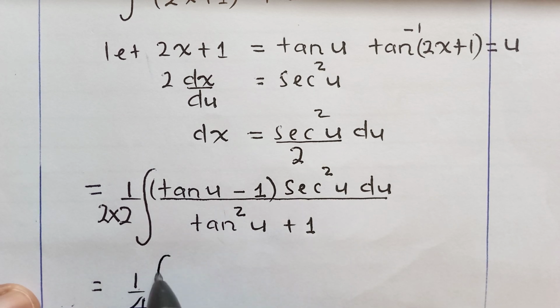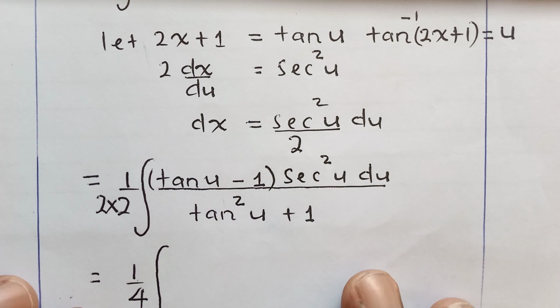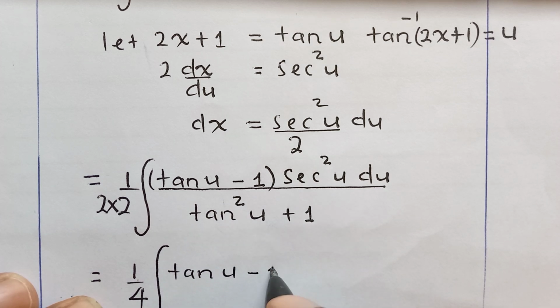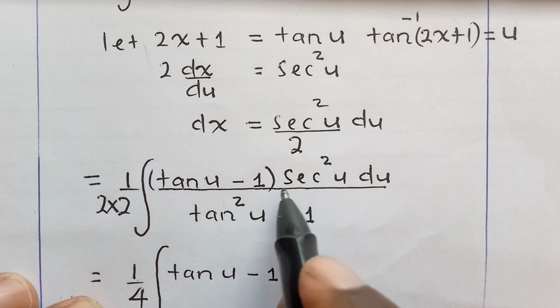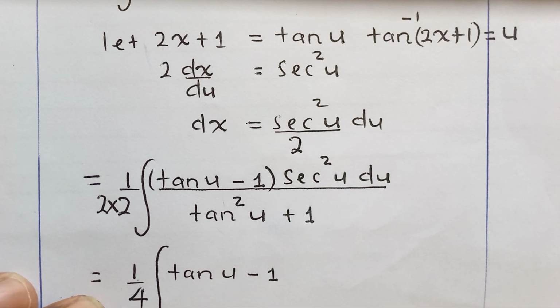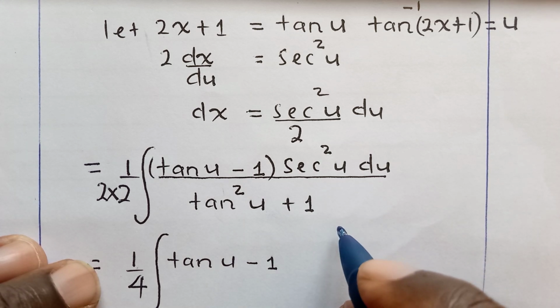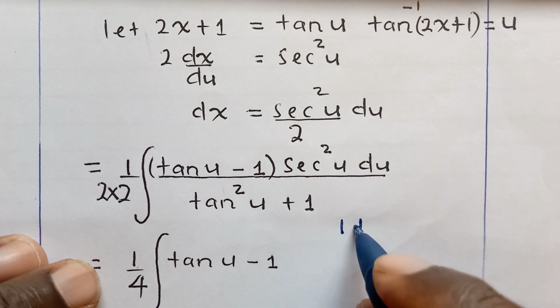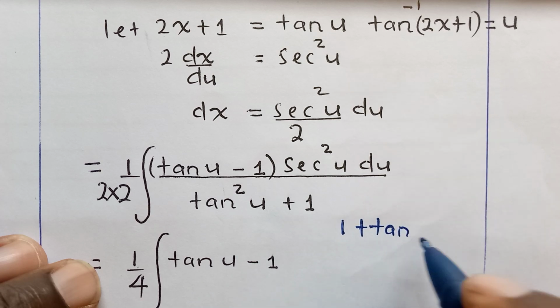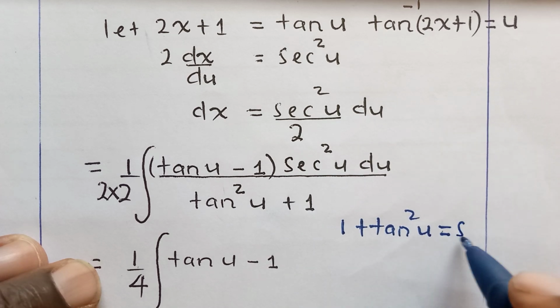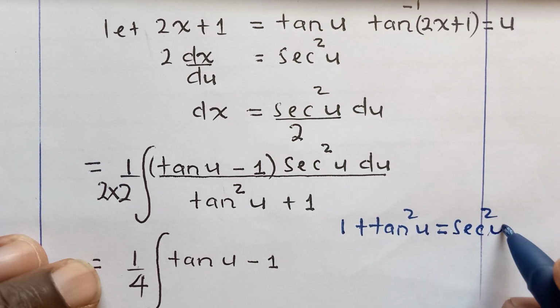Like that. And then, guys, here we are going to have tan u minus 1. This sec can also be written like we usually have from trigonometry. We have 1 plus tan squared u equals sec squared u.